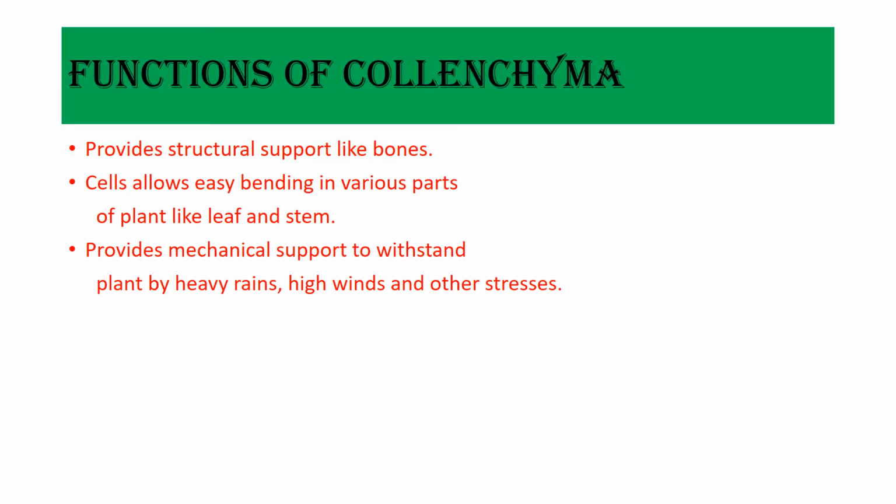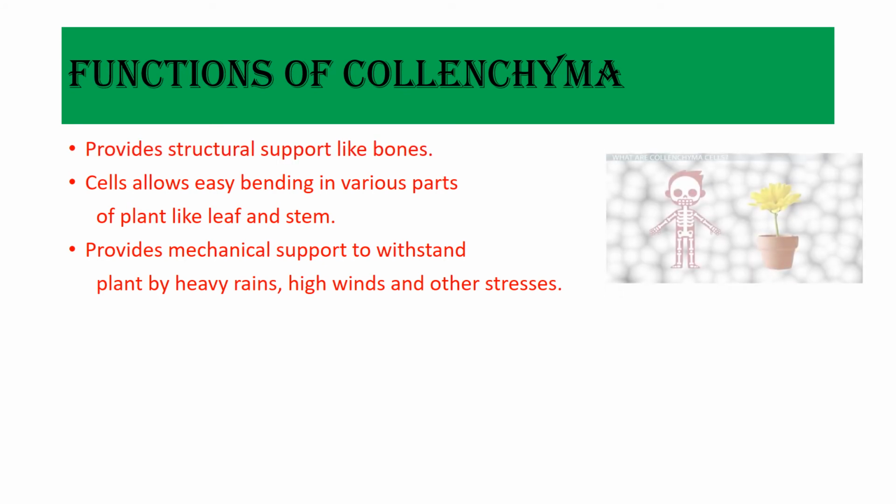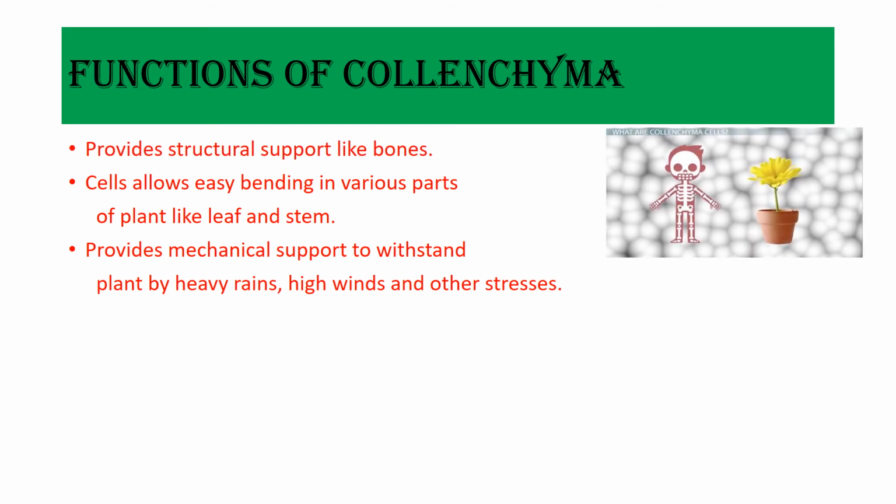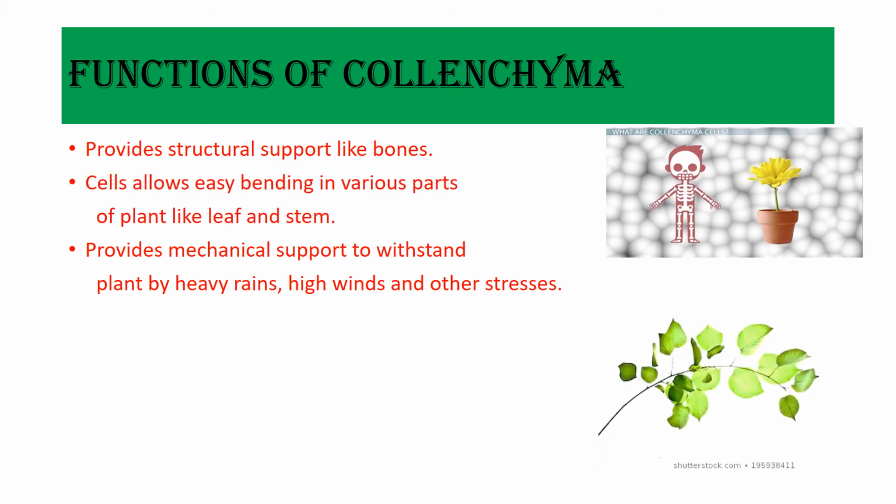Okay, so see, dear students, you can see over here, this is the previous slide of our video when we were learning simple permanent tissue. Under functions of collenchyma, the collenchyma provides structural support like bones to the plant, and these cells allow easy bending in various parts of the plant like leaf and stem.